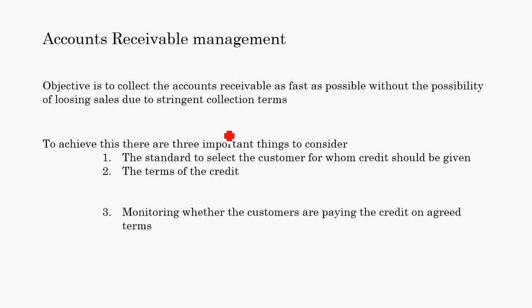The second important thing to consider is what are the terms of credit that a company is offering to its customer. Generally the terms of credit will include the number of days within which a customer has to pay up his accounts receivable. Sometimes the companies can also give cash discount as well. Generally the terms of the credit are represented like this: 2/10, net 30.